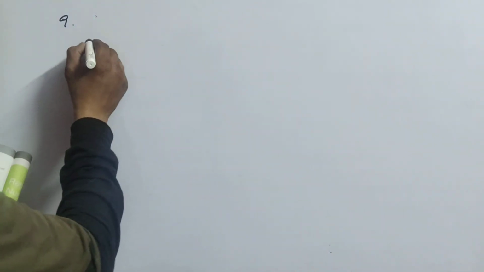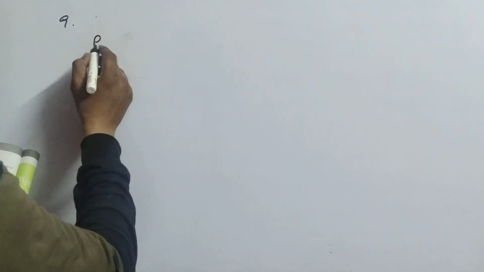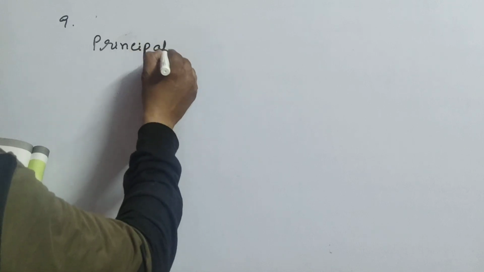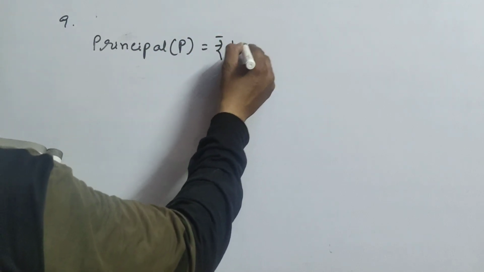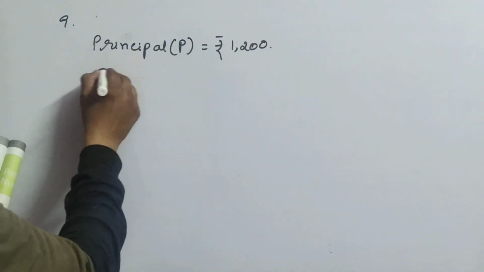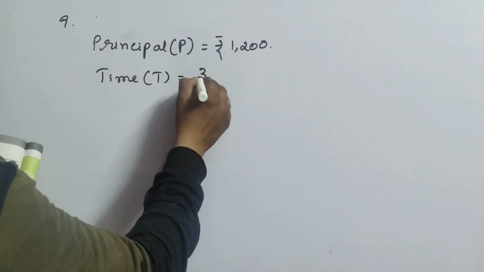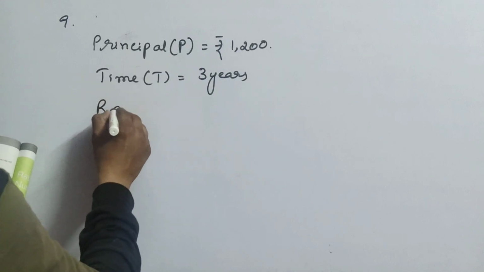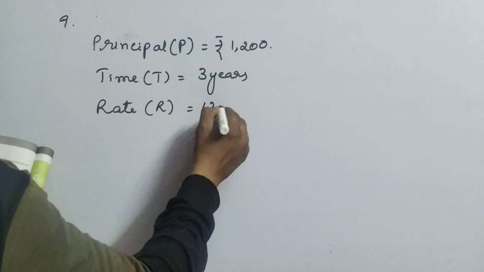See the 9th question here. Principal is given, it will be denoted with the letter P, rupees 1,200. Time is given, that is 3 years. Next, rate R is given, that is 12%.